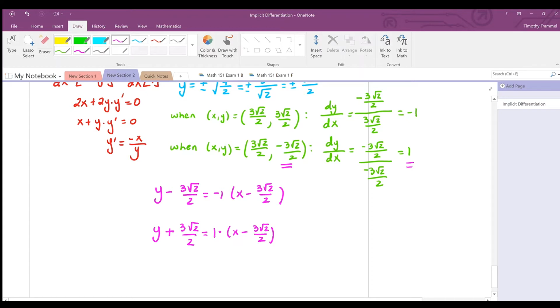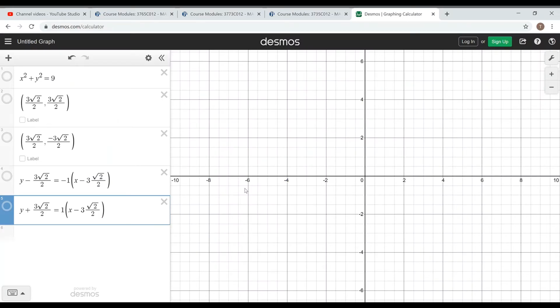And let's real quickly go into Desmos and see if our tangent lines actually match up, to see if they're the correct tangent lines. Now that we are in Desmos, you can see on the left I have everything we want already typed in. I'm going to turn these things on one at a time. Let's start off with that circle, x squared plus y squared equals 9.